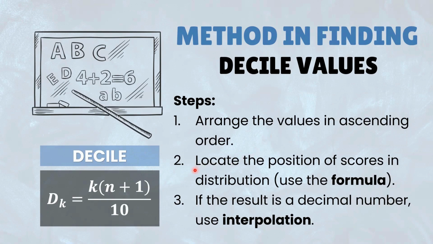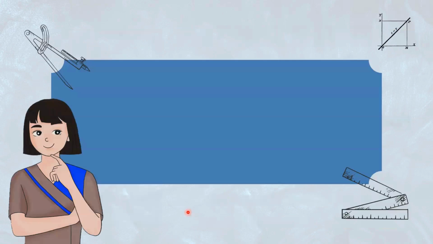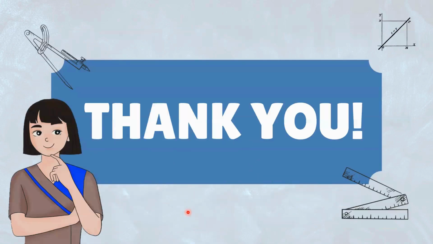Then we locate the position of scores in our distribution using the formula for decimals. V sub k is equal to k times the quantity n plus 1 over 10. If our result in step 2 is a whole number, no need to proceed to step 3. But if our answer in step 2 is a decimal number, we have to proceed to step 3, which is interpolation.